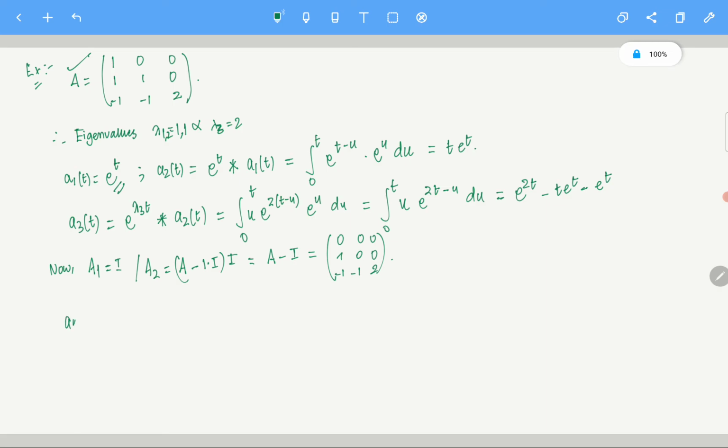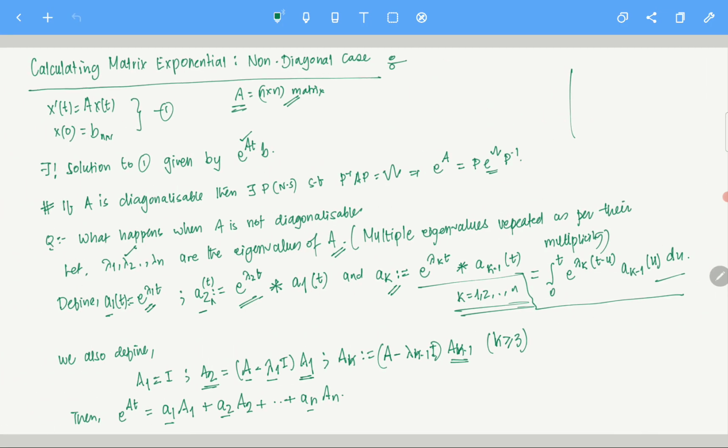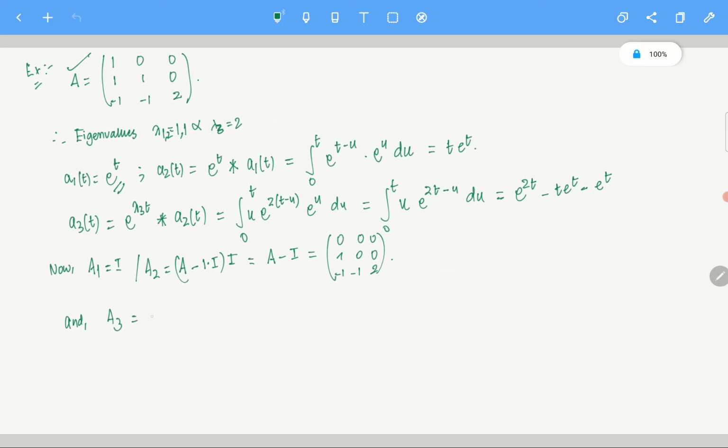And what is A3? A3 is, if you look at it, (A minus lambda k minus 1 I) times A k minus 1. So this is A minus lambda 2. Lambda 2, again here it is 1, right? So this is identity times A2. This one is A1, this one is A2. I'm not doing all that calculation, let me just write it down.